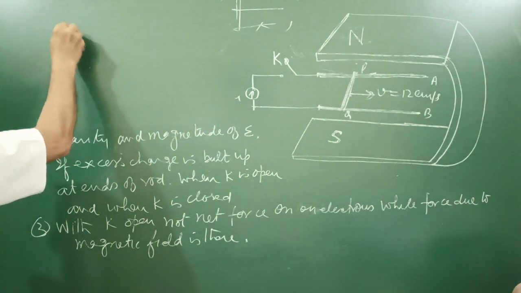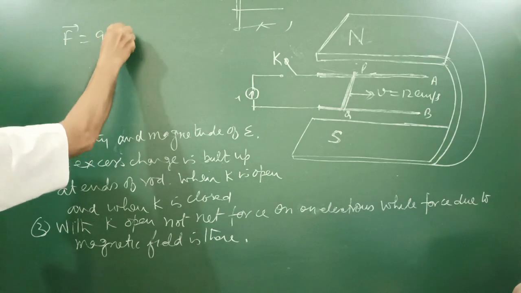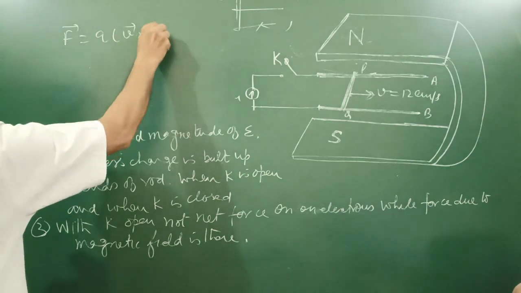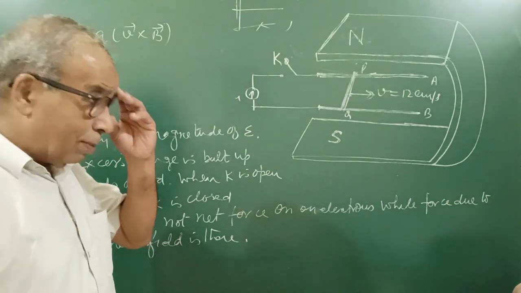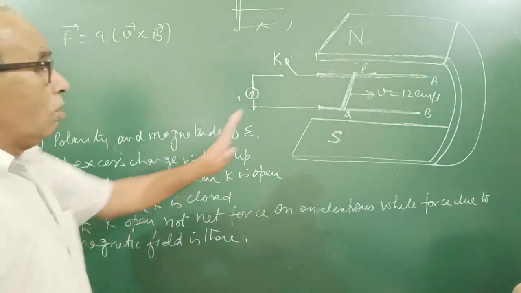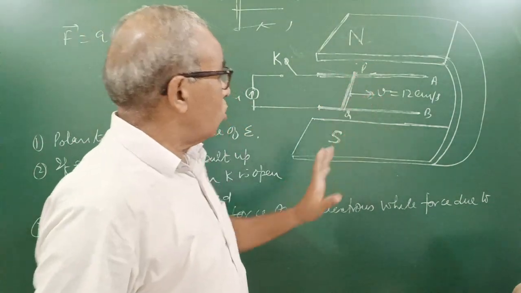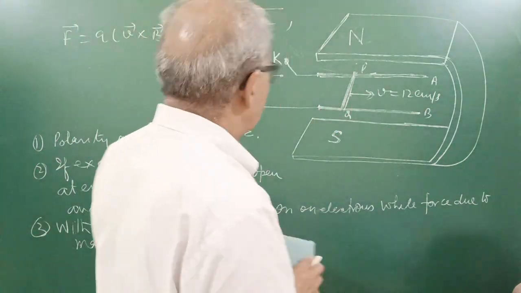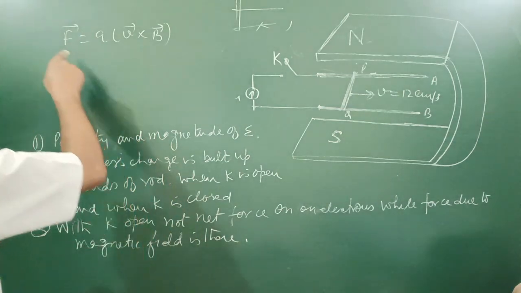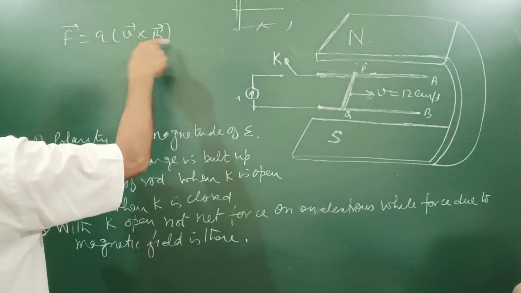Remember F equals q into V cross B. I told you while proving the laws of electromagnetic induction theoretically, a conducting rod has free electrons, and when it moves, they experience force, the magnetic force q V cross B on a moving charge.